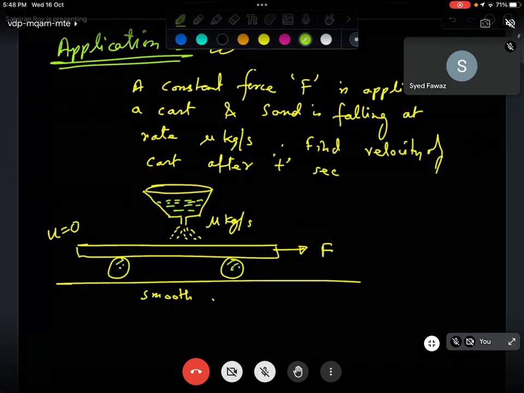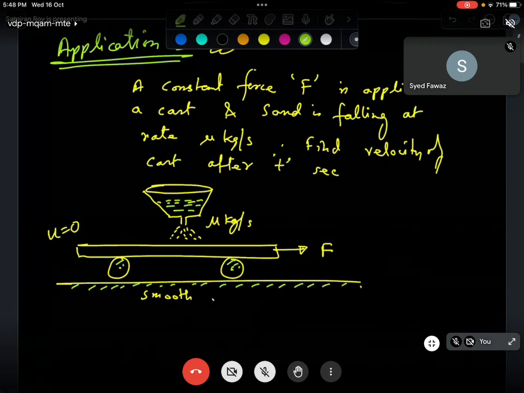Can you just try, all of you, and tell me the answer? Follow the impulse momentum method, try to solve it. Easy, it's not tough.